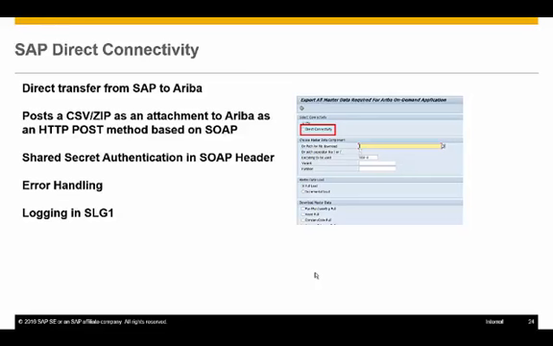Again, these messages are sent over HTTPS. It's not real time, so it's a batch mechanism. All the CSV files are generated and sent over to Ariba in a batch mode. You can achieve error handling using SAP Direct Connectivity, and if you're familiar with how SAP works, then you will find the logging information in SLG1.